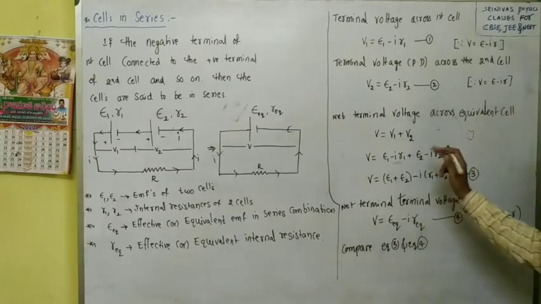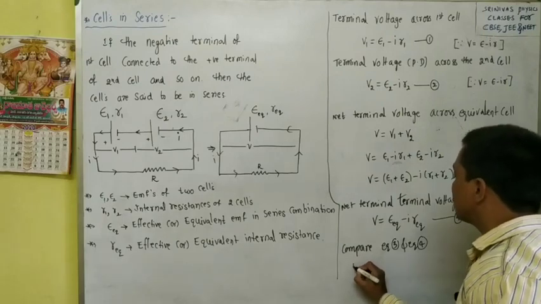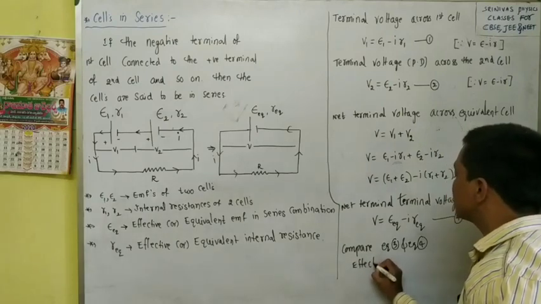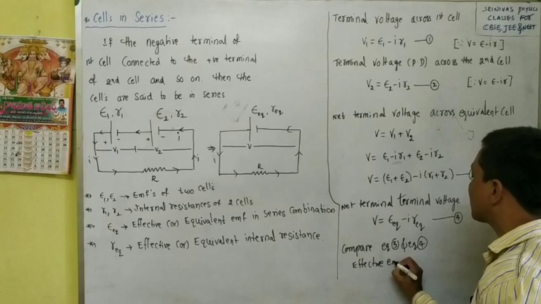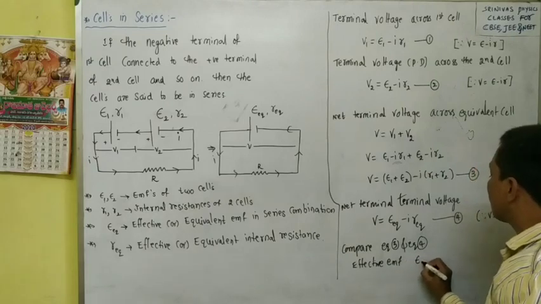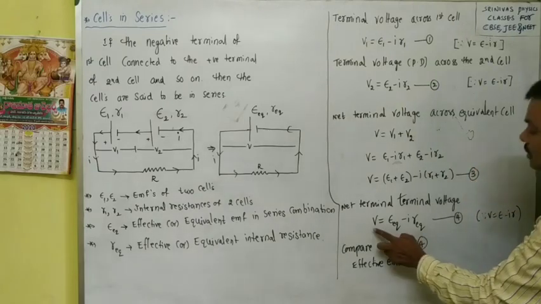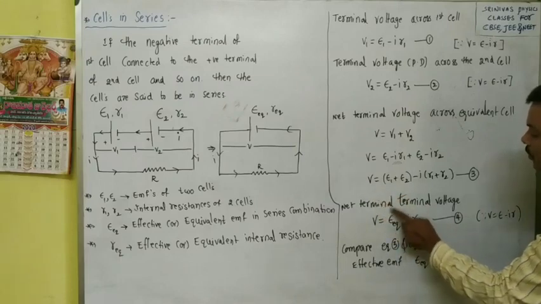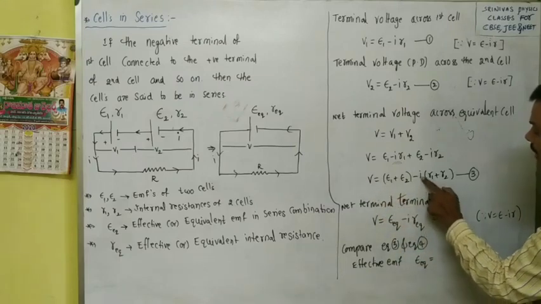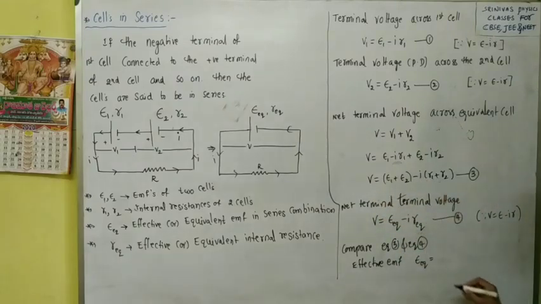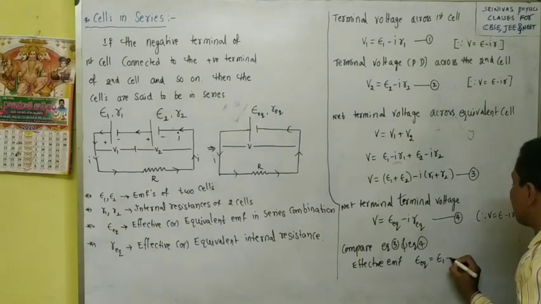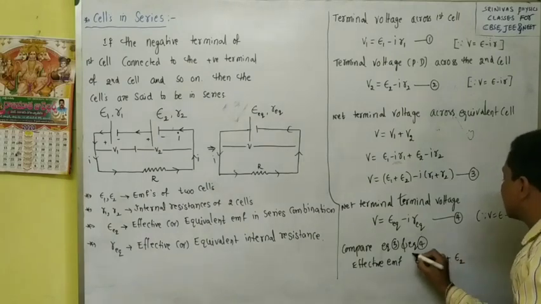When we compare these two equations, we get the effective EMF formula: E equivalent is equal to E1 plus E2.